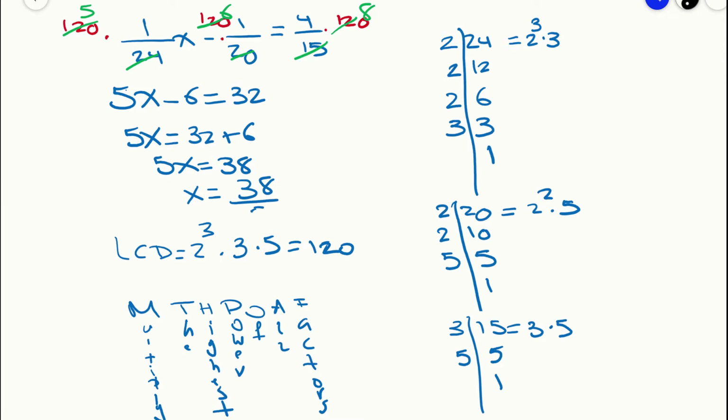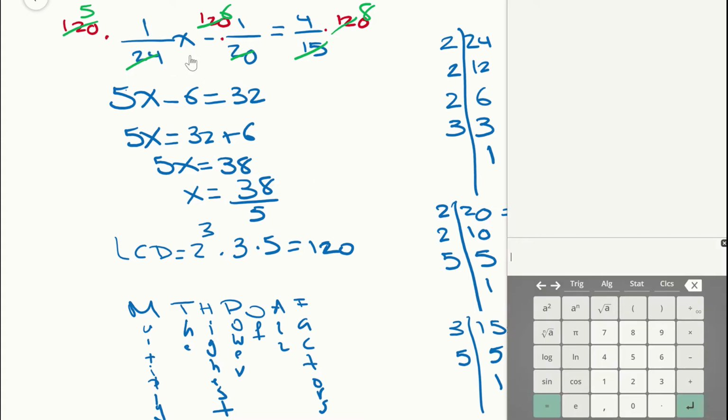Let's do a quick check of that on a calculator to make sure we didn't make any kind of error. All right, so remember, to check, we have to go into the original equation. So we're going to put 1 over 24, and we're going to multiply that by x, which is 38 over 5. And from that, we're going to subtract 1 over 20.